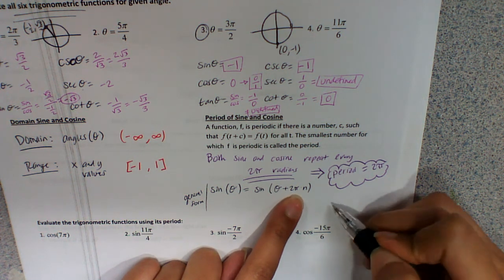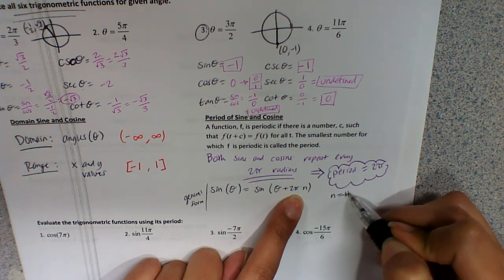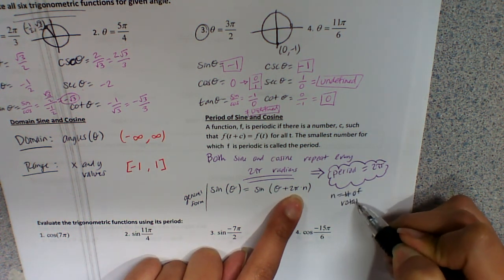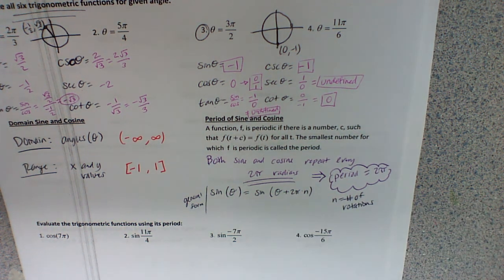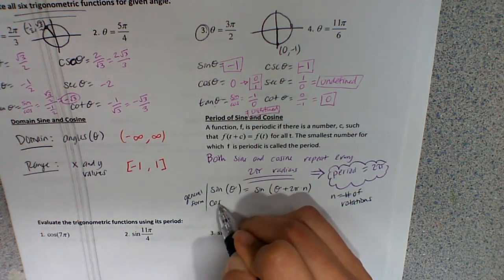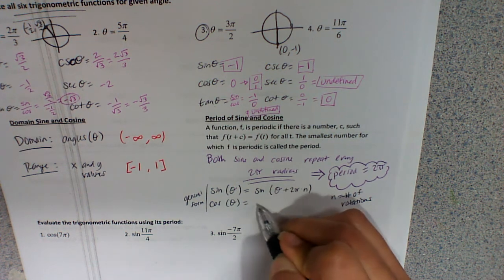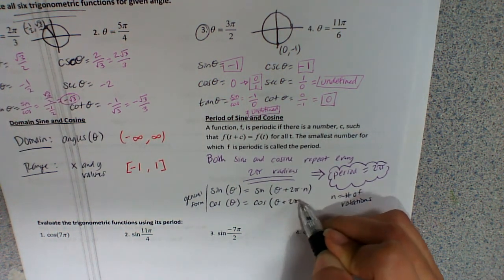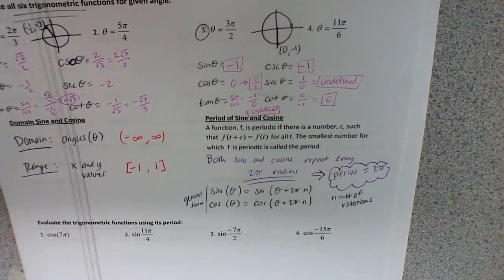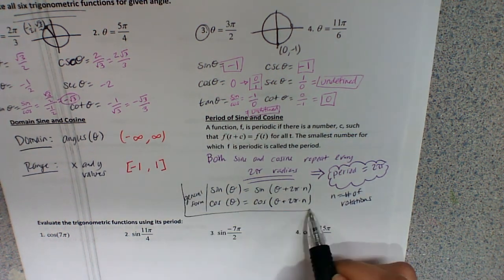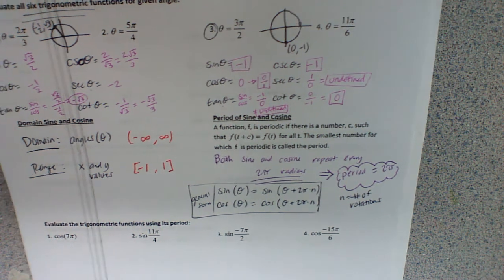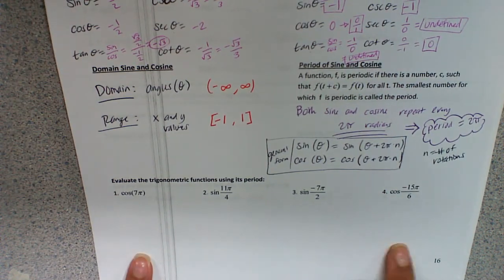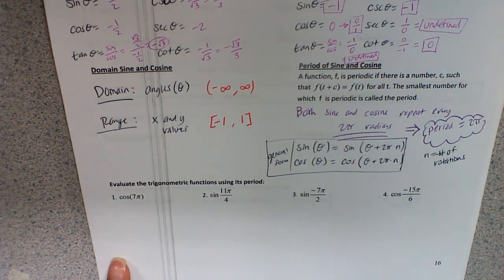Remember, n is the number of rotations. Okay, we're going to do the same thing for cosine. So cosine of some angle theta will be cos of theta plus the period, 2 pi, times the number of revolutions. Okay, so let's actually figure out what that means. Let's look at the examples below to see what that actually means.